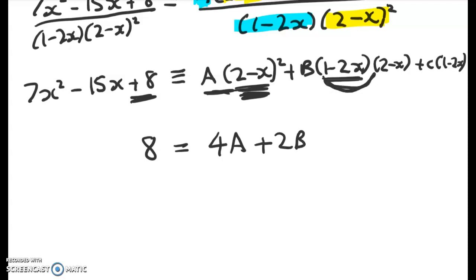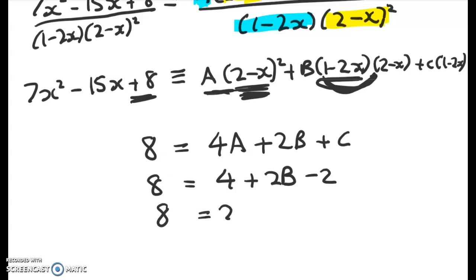So I'm just partially expanding this. There's 2b, plus c. But we know a and c. So we've got 8 is equal to 4 plus 2b, and c is minus 2. So 8 is equal to 2 plus 2b, giving me b is equal to 3.